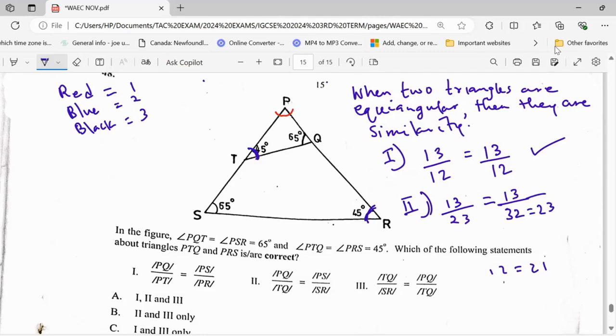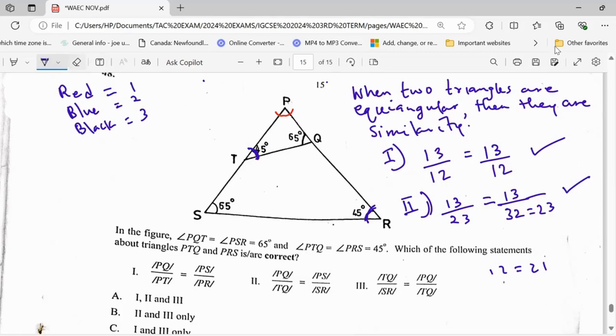The same line that we call SR can be called RS. We are not dealing with congruency here. So this is similarity, and we are talking about ratio of sides. So if I take the side SR, it's still the same value I will get if I take RS. So this is correct. We'll mark it.